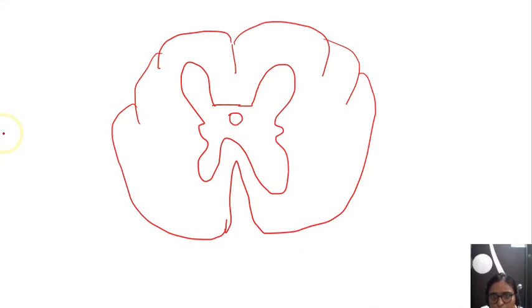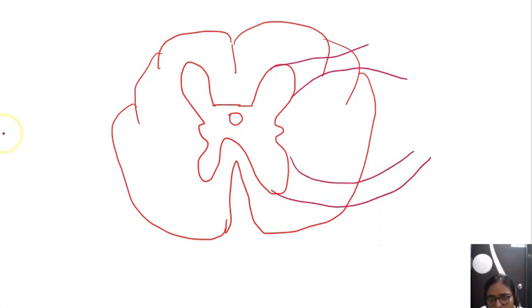So let's suppose this is your dorsal area and this is your ventral area. If I have to say, it is like this. Fine. So this is your dorsal area.